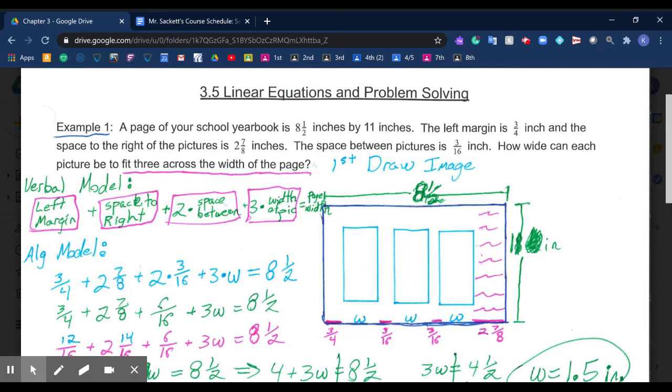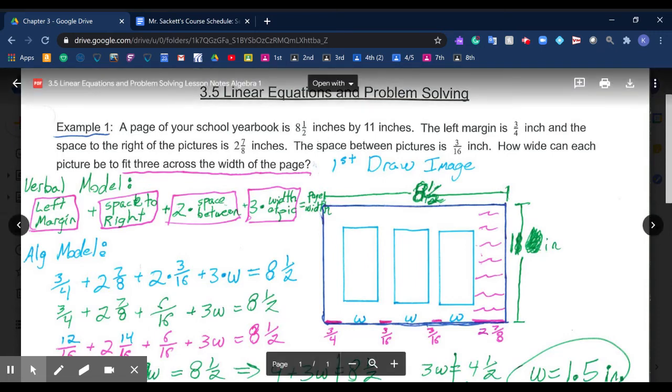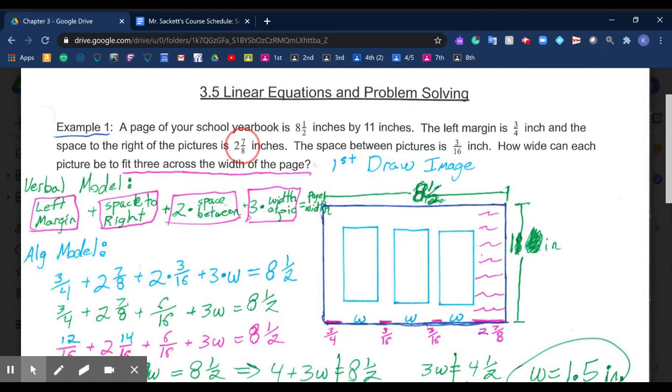So we have our dimensions of the page, 8.5 wide by 11 tall, a margin of 3/4 of an inch, then the space on the right, that's 2 7/8 inches, and in between each picture, we have 3/16 of an inch. So we want to know how wide each picture can be, assuming they're going to be the same width.